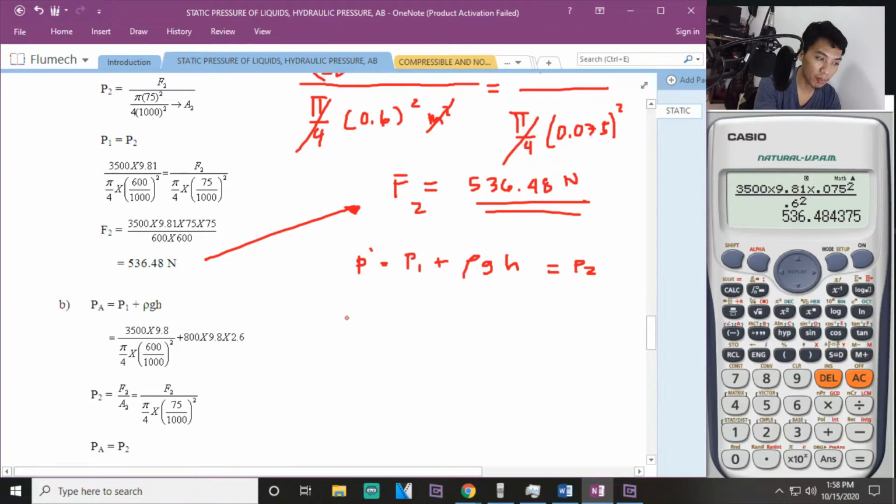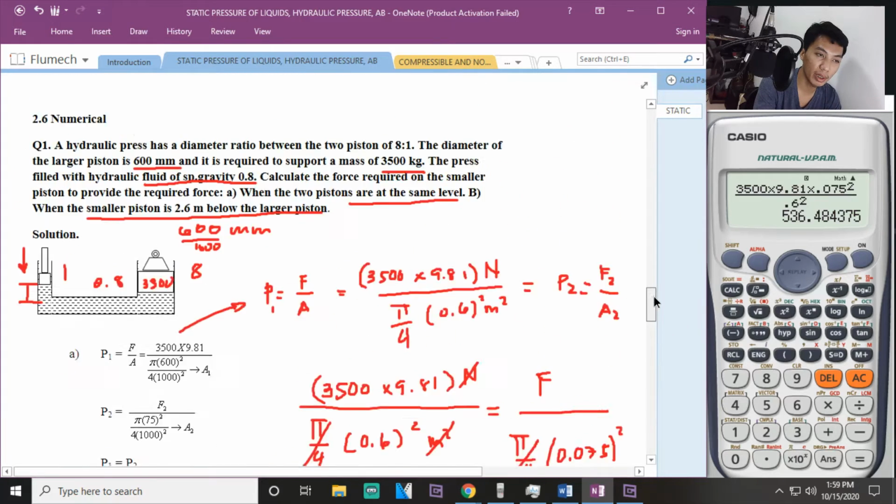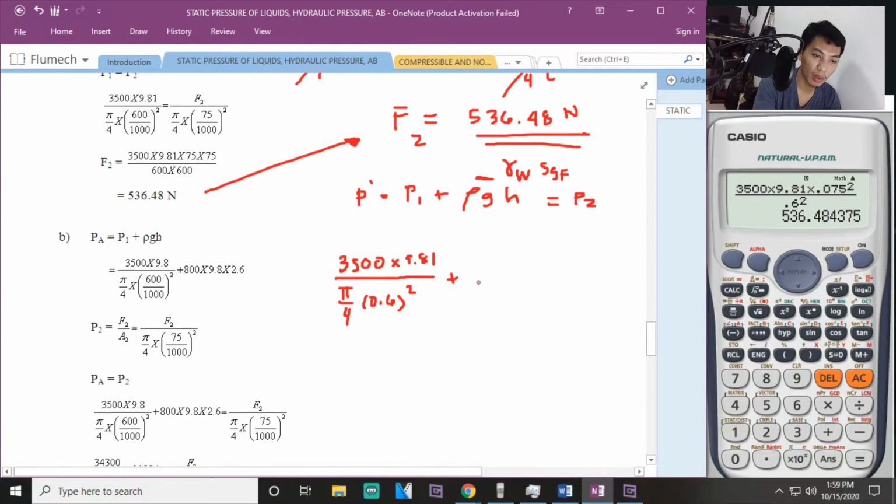So P1 is 3,500 times 9.81 divided by P1 pa lang to pi over 4 times 0.6 squared plus ito. Itong rho g, pwede itong density ng water times Sg ng fluid. Yan. Ano ba yung Sg ng fluid? Binigay dyan 0.8 times 9.81 kilonewton. Pwedeng 9.8066, pwede na rin 9.81. Okay na yon. Times the height column, di 2.6 meters.